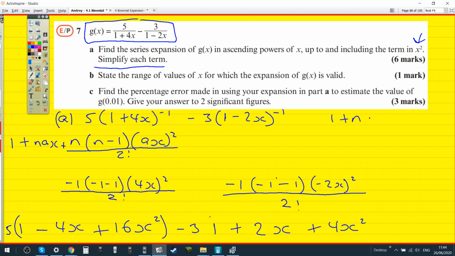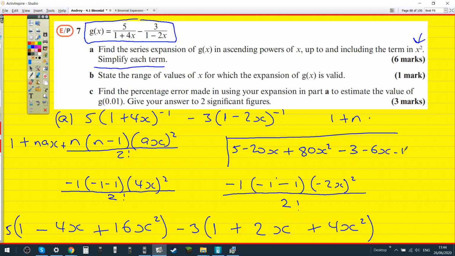What do you get? So you get 5 minus 20x plus 80x squared. Minus 3, minus 6x, minus 12x squared.